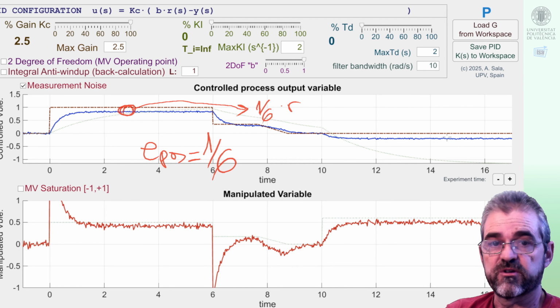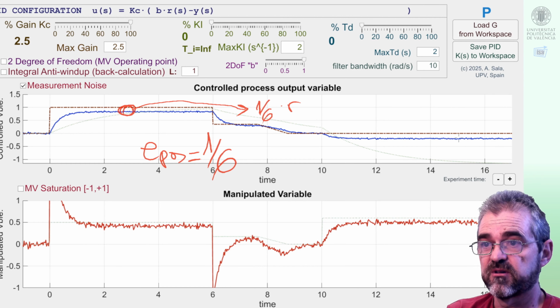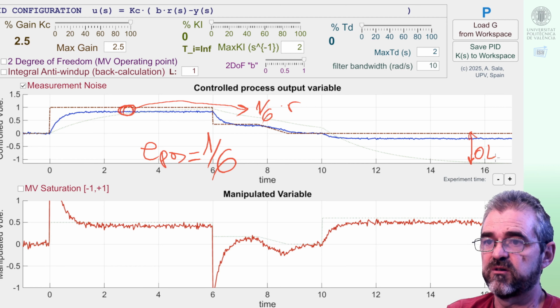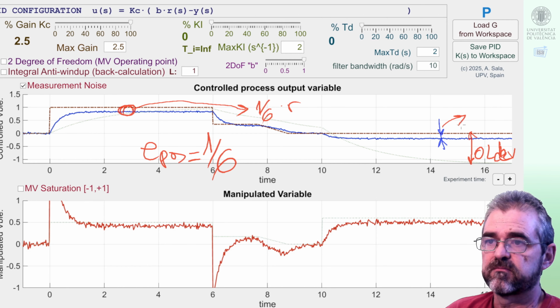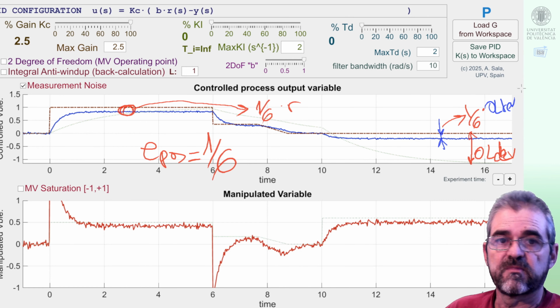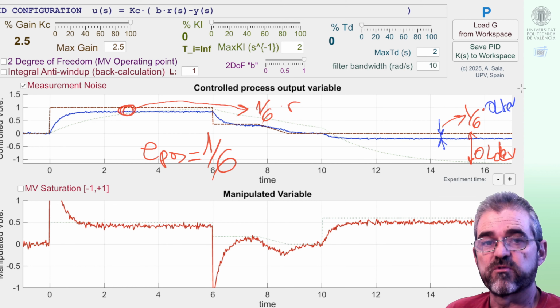It will not tell me the value of this deviation because the input disturbance is unknown, but it will tell me that if this is the open loop deviation, then this thing will be 1/6 of that open loop deviation. So basically, this proportional gain reduces the deviations with respect to the no control situation by a factor of 1/6.